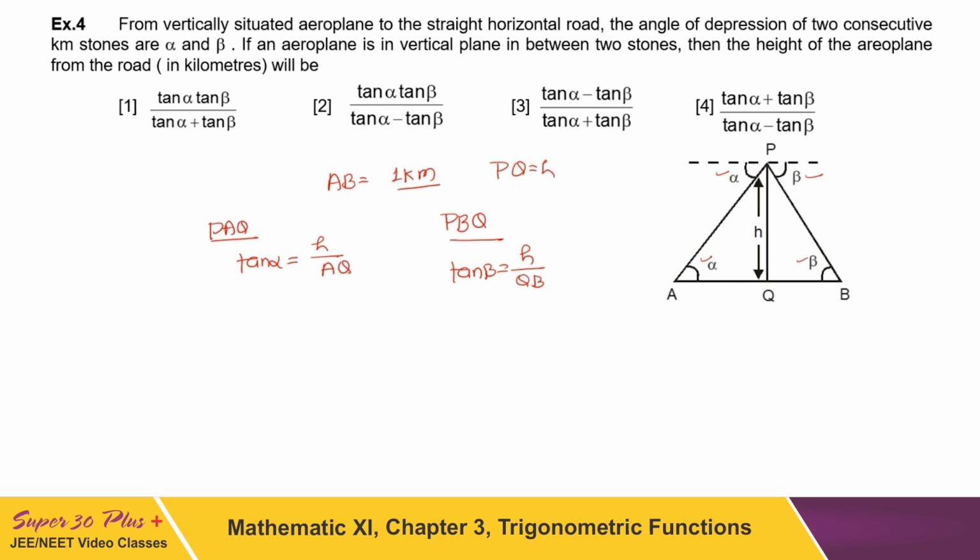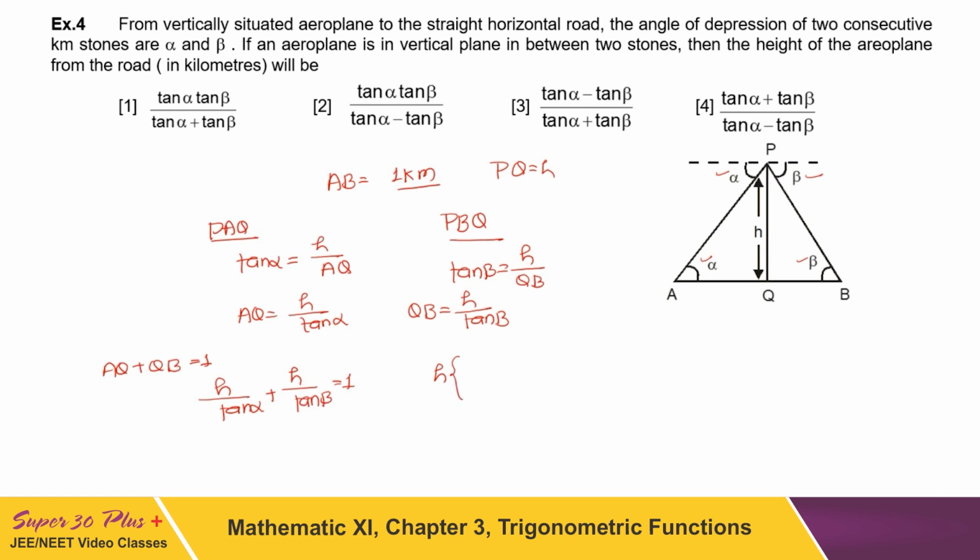From here we are going to find the value of AQ. It is h upon tan alpha, and from here QB is equal to h upon tan beta. As we know, AQ plus QB is equal to 1, means h upon tan alpha plus h upon tan beta is equal to 1. Now simplify it.